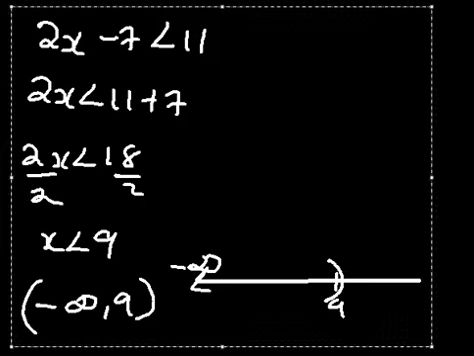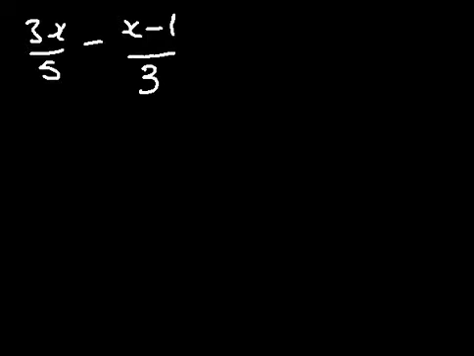In that case, let's say we have 3x minus (x minus 1) over 5 less than 1. The same principles we used for solving algebraic fractions apply here.